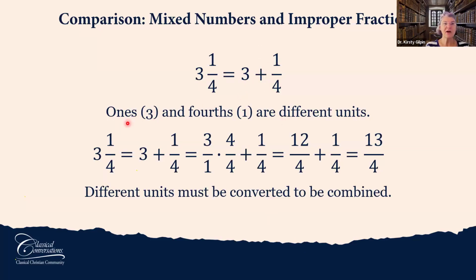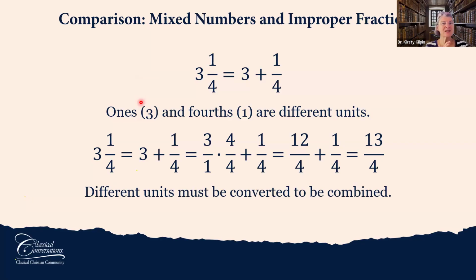And notice that we have 3 ones and 1/4. The ones and the fourths are different units. That is why we cannot add them together, and that's why we write them as 3 and 1/4. What we're really saying is I have 3 ones and 1/4. I have 2 different units in one mixed number.